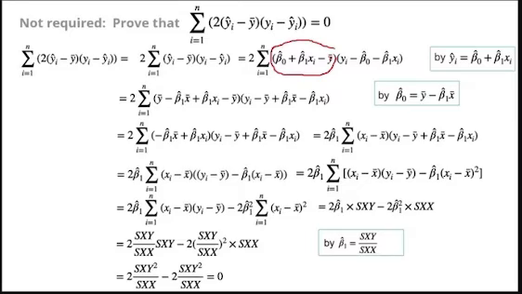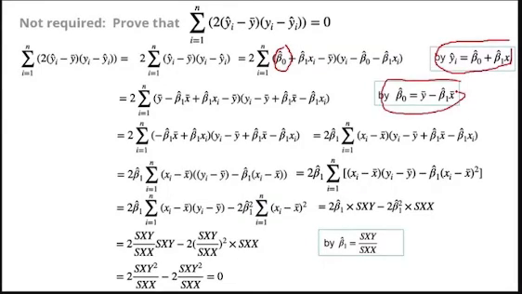If I want to substitute for my beta naught cap from here, I know my beta naught cap is Y bar minus beta 1 cap X bar.